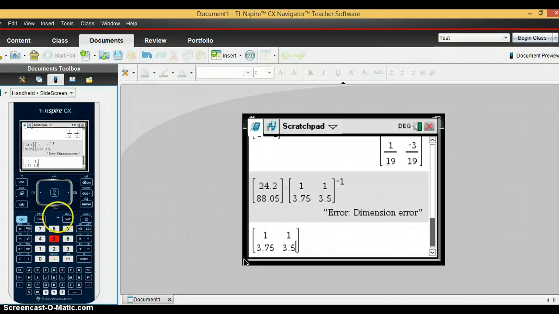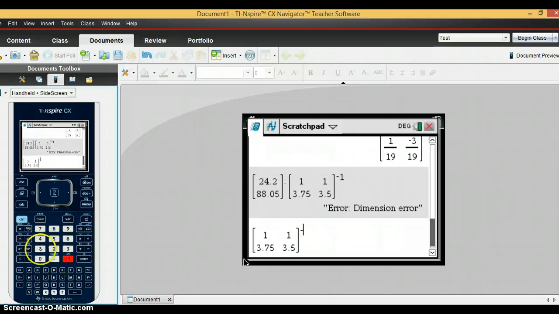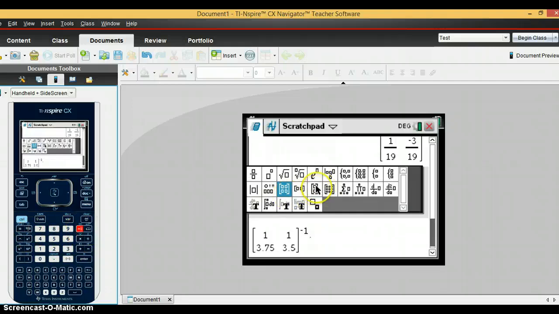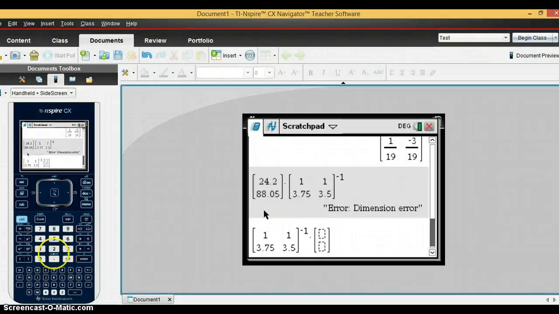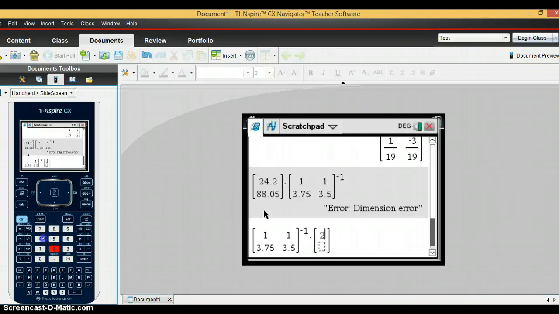We're going to raise that to the negative 1, and then multiply that by this one, which is a 2 by 1: 24.2 and 88.05.